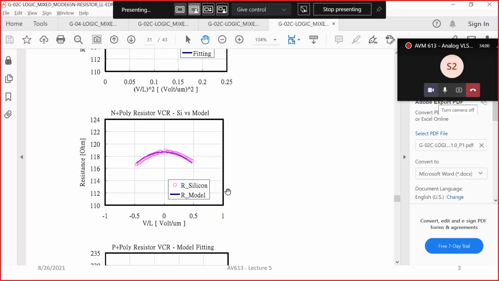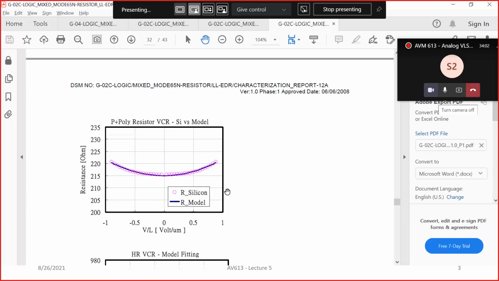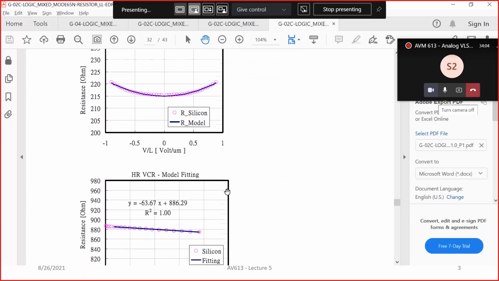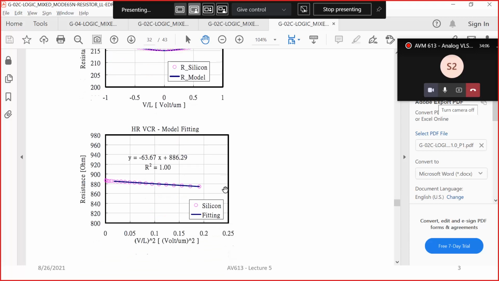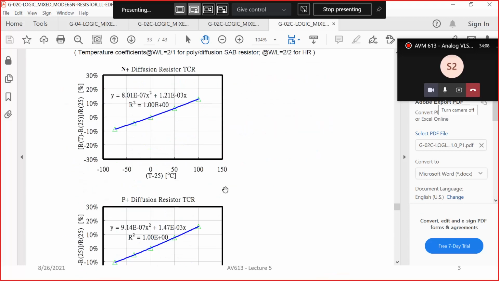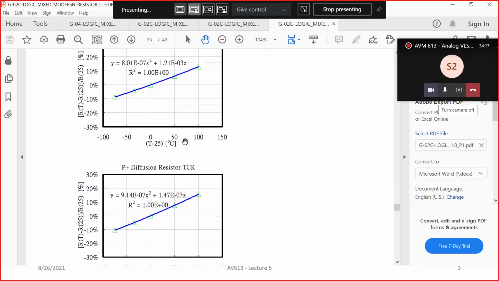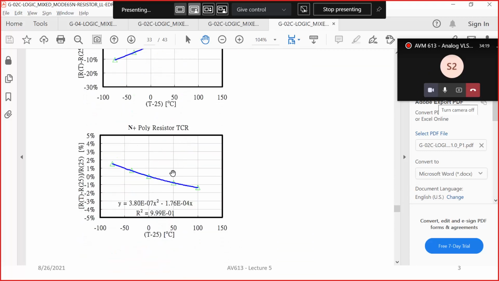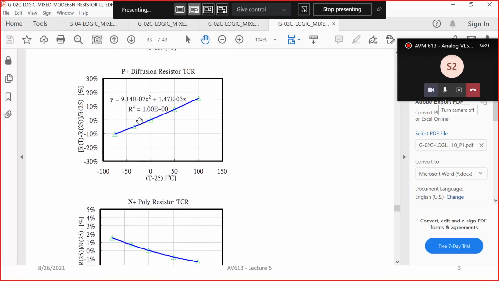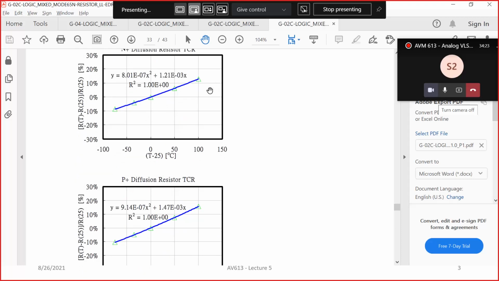Whereas this is the HR voltage coefficient and so on. This is with the temperature. You can see that the N plus diffusion resistor has a larger temperature coefficient, right? Some of them have a positive temperature coefficient, where the resistance increases with temperature.